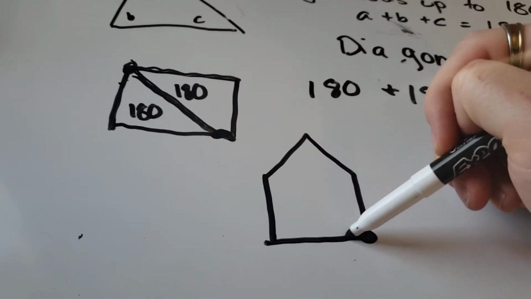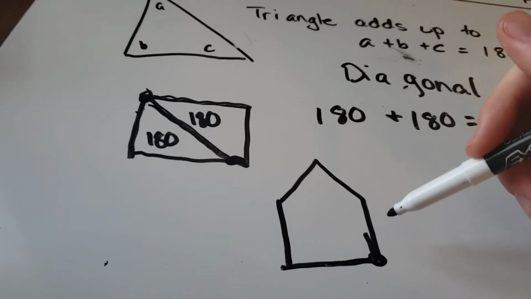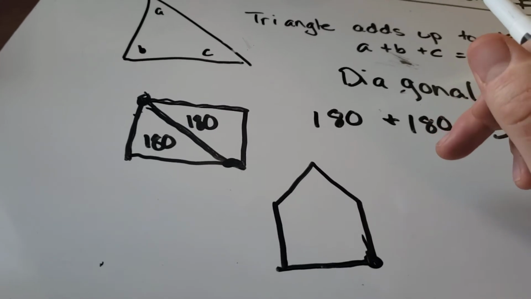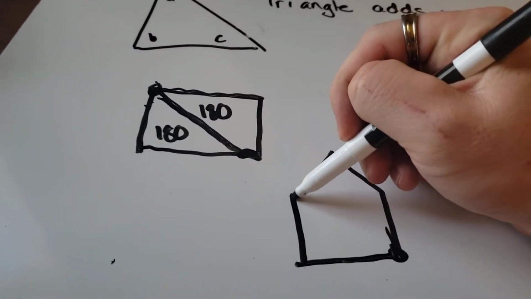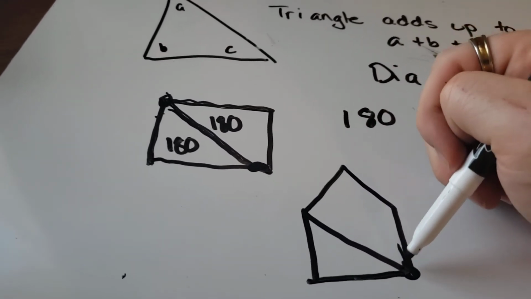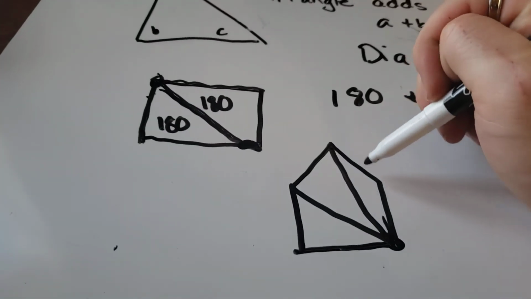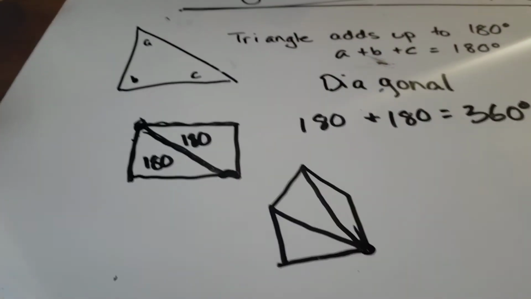Diagonal here is just a side. Diagonal here is just a side. We want to connect this angle with other angles that are not common sides. So we can draw a diagonal from this angle to our desired angle here. We can draw one from here to here. If we try to draw any others, they're going to share a common side, so they do not count as diagonals.